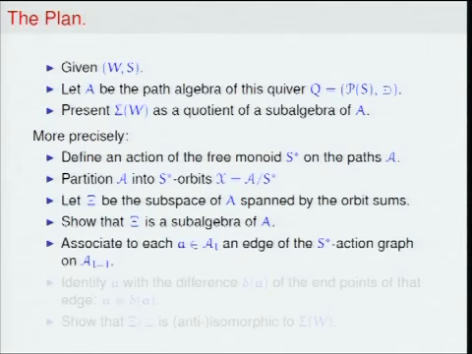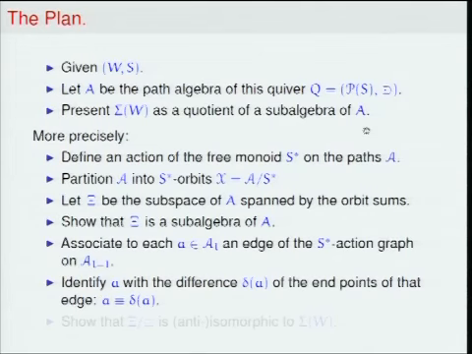Well, one can study the action of the free monoid on the paths. It will turn out that each path of length L corresponds to an edge of the action graph on a grade 1 lower, and this correspondence can be used to identify a path of length L with the difference of the endpoints of the edge it corresponds to.